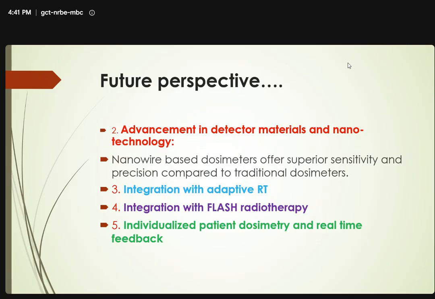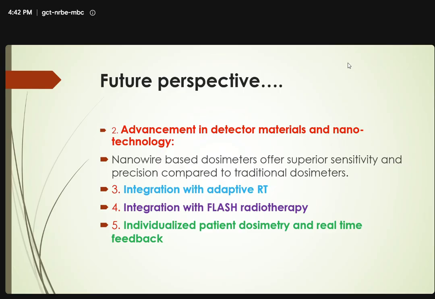Nanowire based dosimeters offer superior sensitivity and precision compared to the traditional dosimeters. So, with the help of advancement in detector material, this IVD can be newer and more helpful for the clinic.